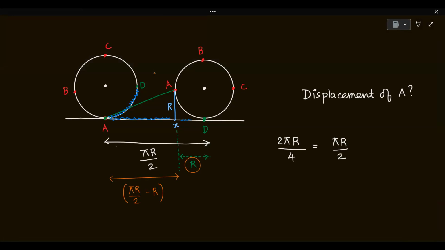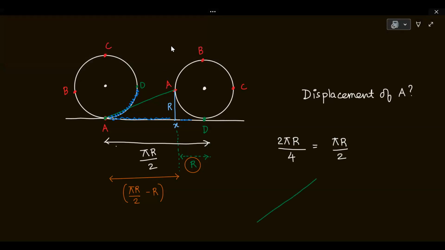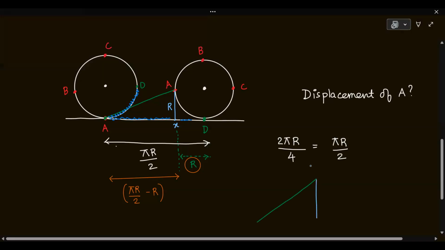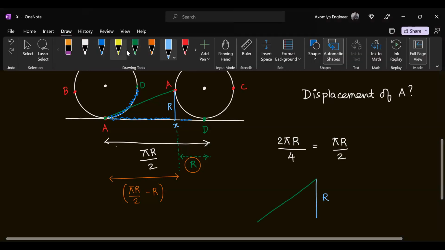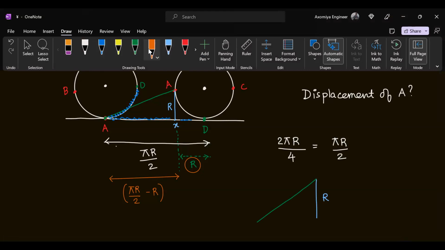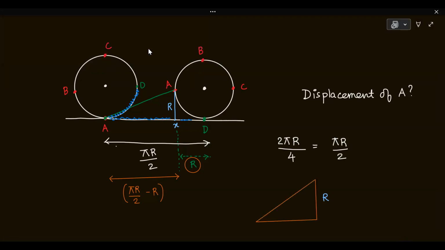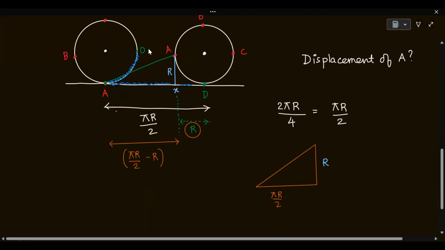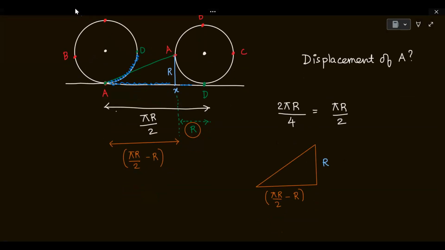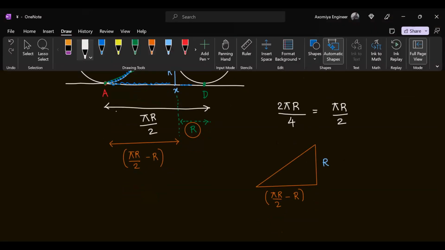Okay, so in this triangle right here, if I make this triangle separately, this is the displacement I was looking for. This distance right here we found out as r, and the bottom distance came out to be pi r by 2 minus r. So can you tell me what is this displacement of point A?